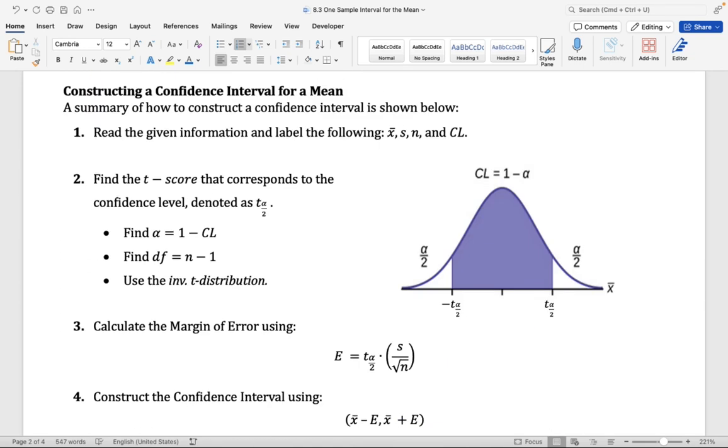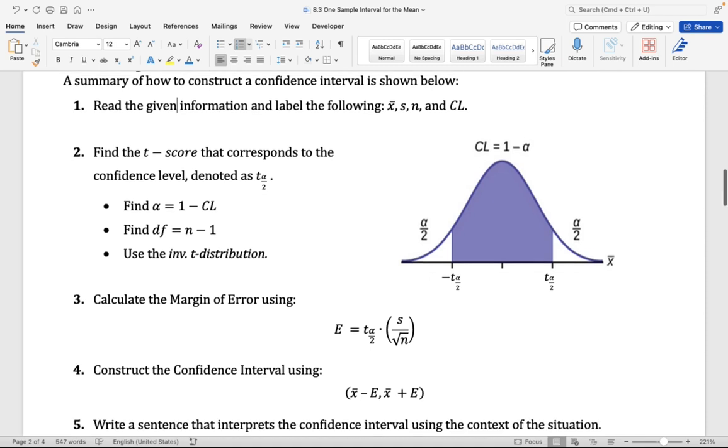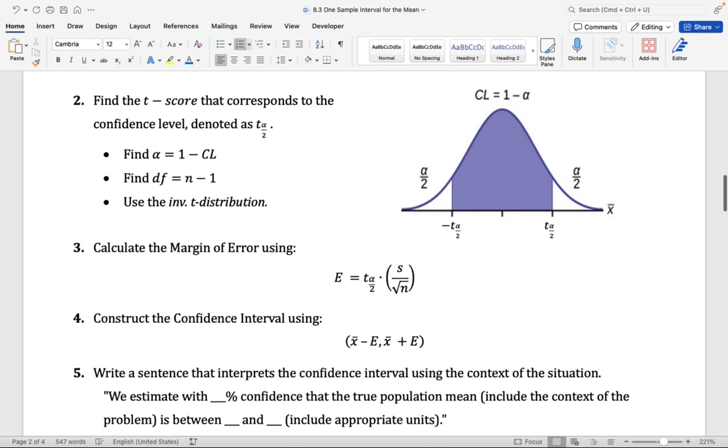First, I recommend that you read the given information and label the following: X bar, S, n, and CL. Remember, X bar is the sample mean, S is the sample standard deviation, n is the sample size, and CL is the confidence level. So once you identify those, then you're ready to move forward towards finding the t-score.